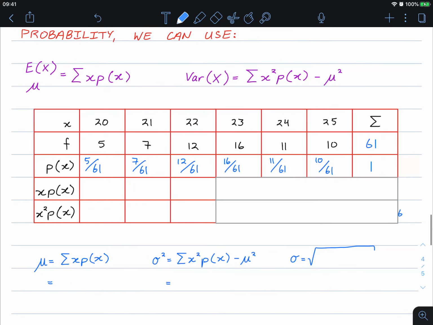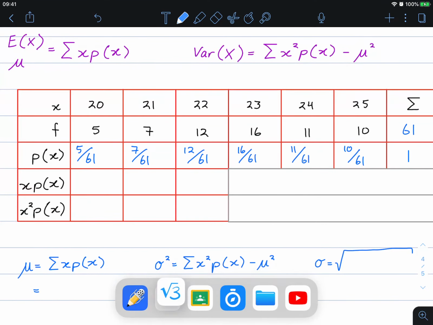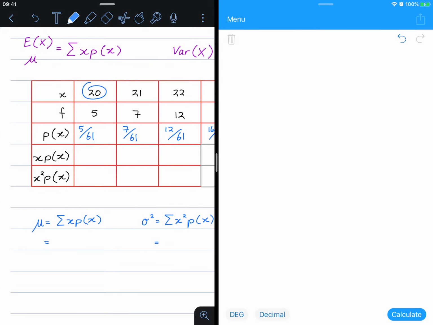Now, we just take the score and multiply it by its relative frequency or probability. So for this one, this will be 20 times 5 over 61. This one here would be 21 times 7 out of 61.